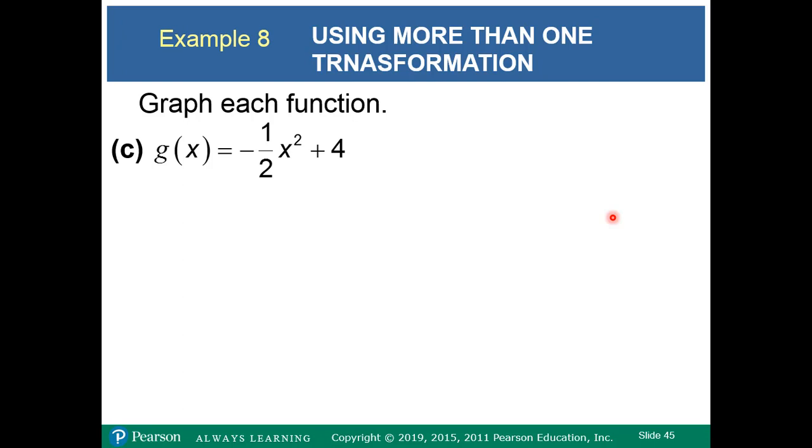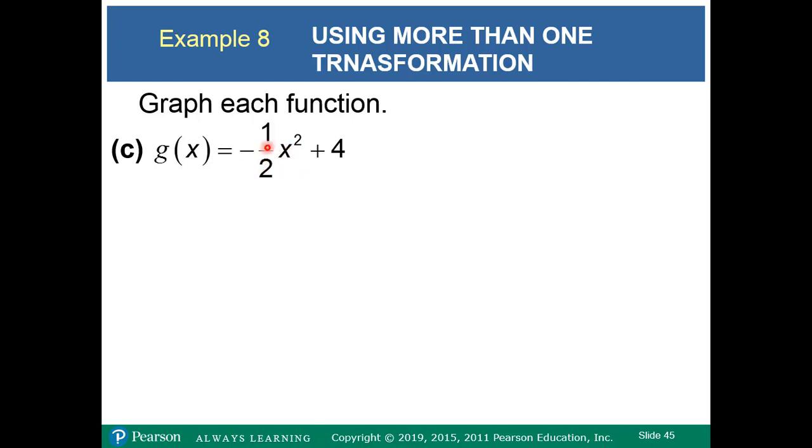Okay, now what about this one? So this is a square function, right? So the basic function is a squared function. But what are we doing to the squared function? So there's our f of x. What are we doing to it? We're taking 1/2 outside the function.